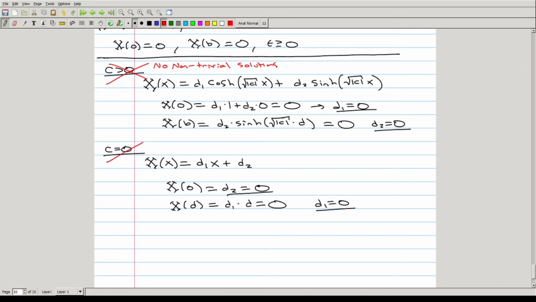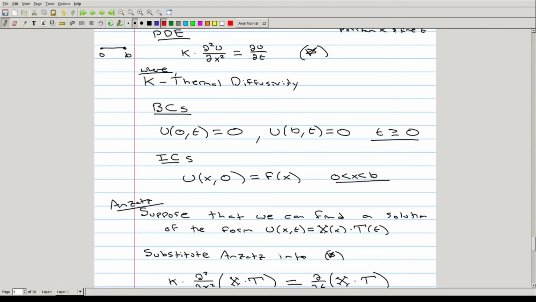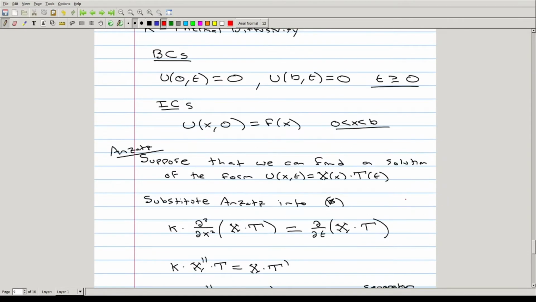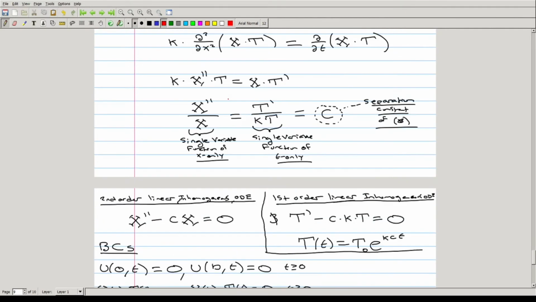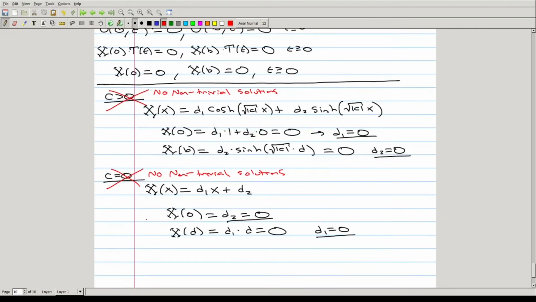So again, there are no non-trivial or non-zero solutions to the boundary value problem here that are separable and that satisfy these boundary conditions with C equal to 0.